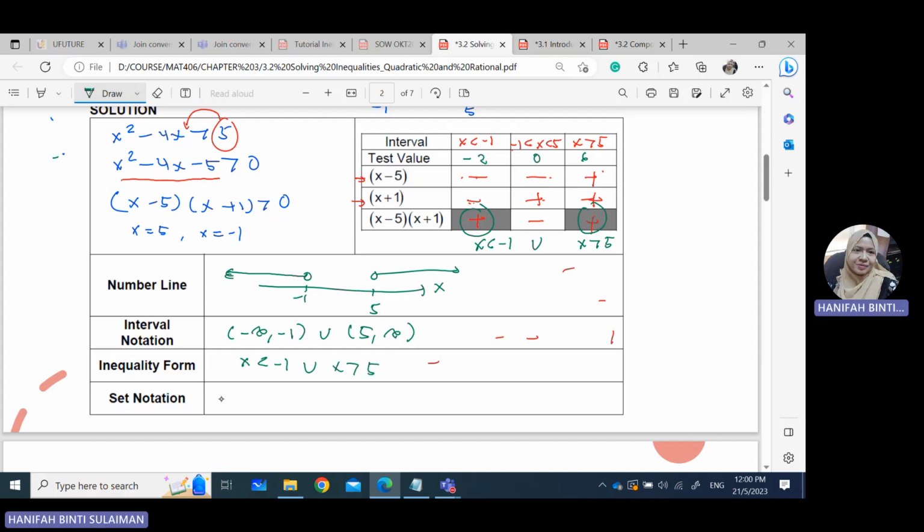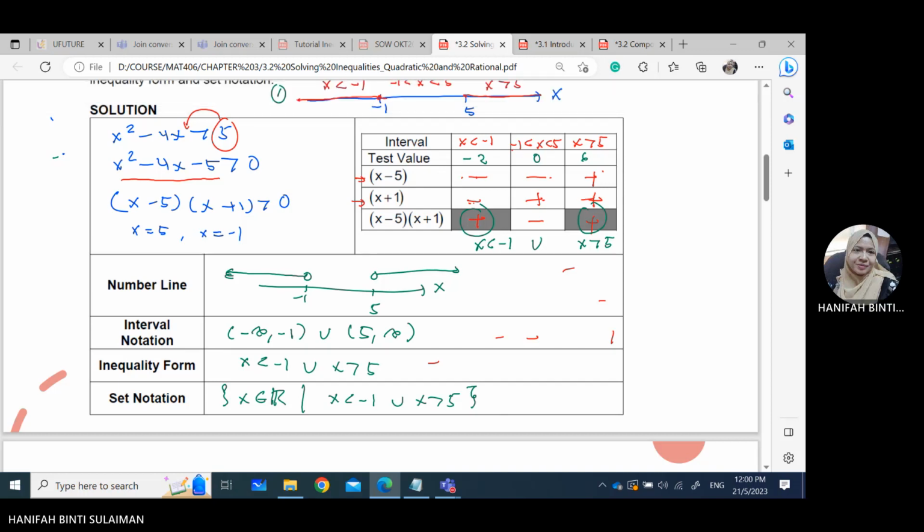And for set notation, so x is real numbers such that x less than negative 1, union with x greater than 5. Okay, boleh?